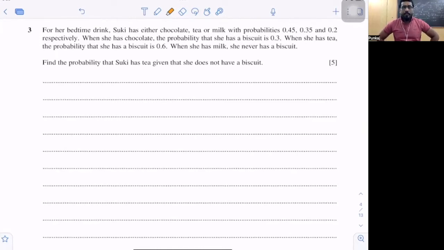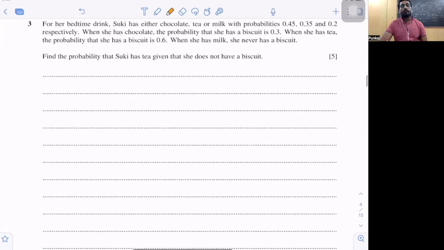For her bedtime drink, Suki has either chocolate, tea, or milk with probabilities 0.45, 0.35, and 0.2. So the probabilities are given to us, right? For her bedtime, Suki will have either of the three drinks which are given over there. Can you observe that these events of either having a chocolate or a tea or milk are all mutually exclusive events?